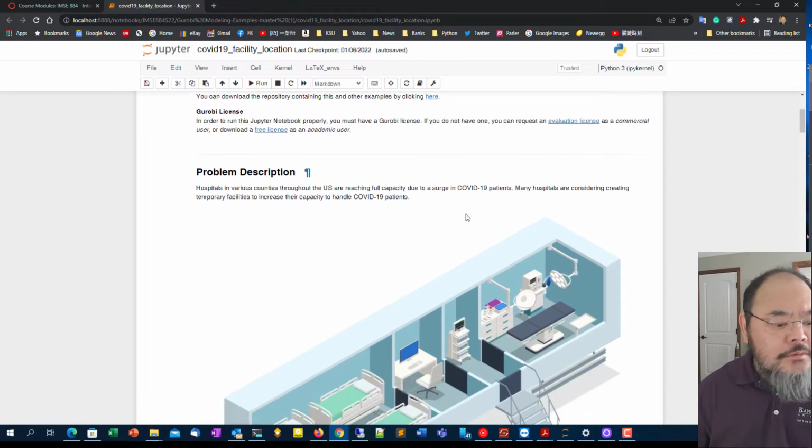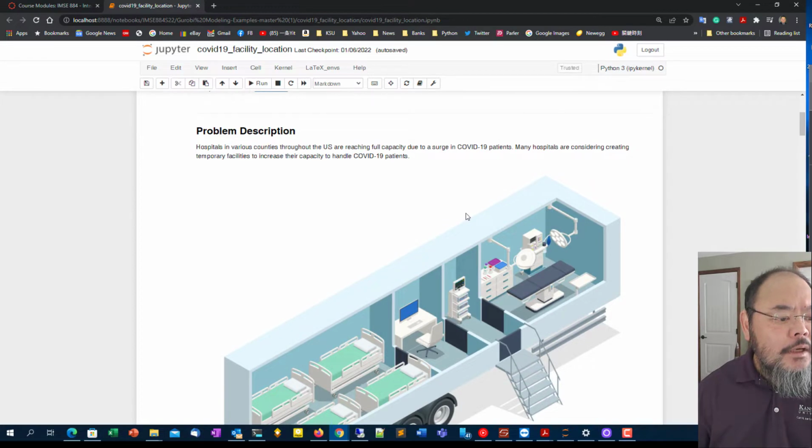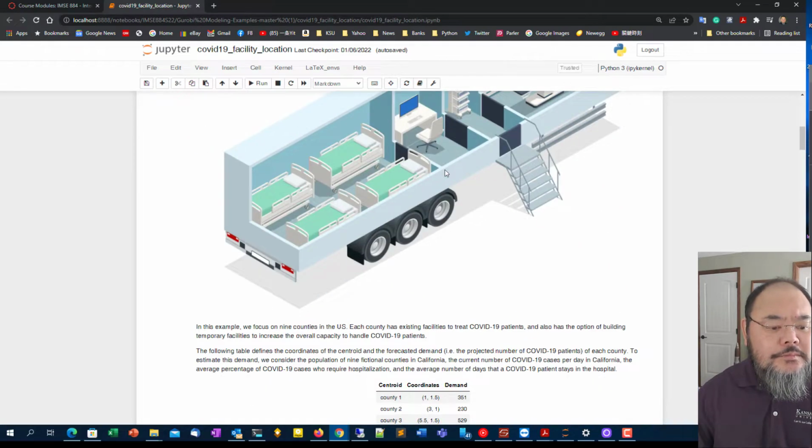The problem description. We have a total of 9 counties in a hypothetical California area, and they reach full capacity due to the surge of COVID-19, for example. Many hospitals consider creating temporary facilities and increasing their capacity to handle increased prevalence of COVID patients.